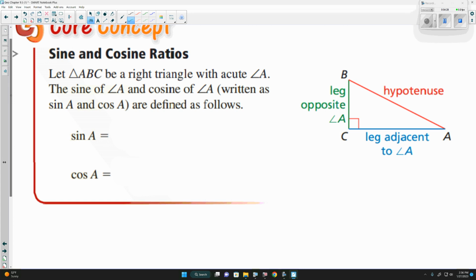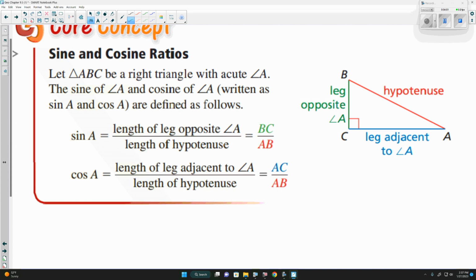Sine and cosine ratios. Let ABC be a right triangle with acute angle A. Sine of angle A and cosine of angle A are written as sine A and cosine A, and we define them as follows.